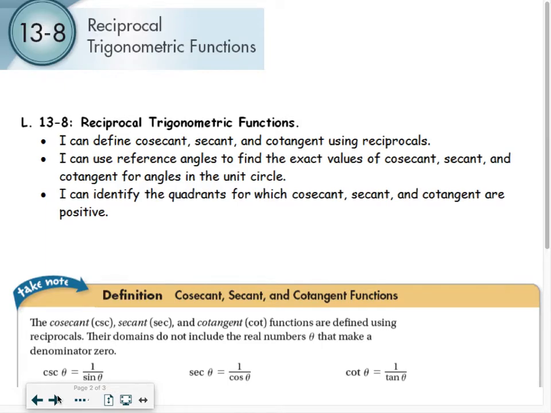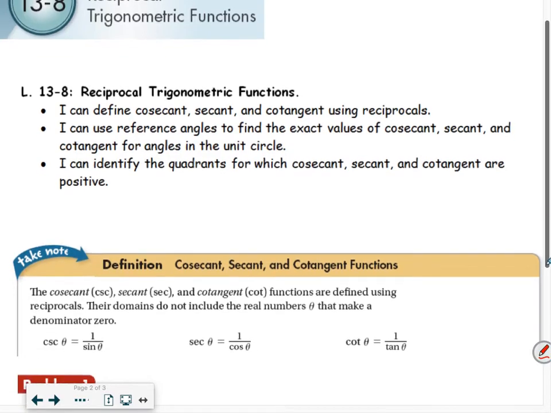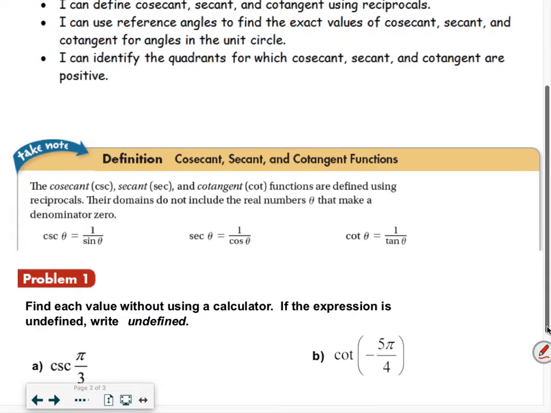13.8 is about our reciprocal functions, our cosecant, secant, and cotangent. If you look at this key part, we have cosecant is 1 over sine. So sine is our y. So if I take 1 over y, I'm finding cosecant.